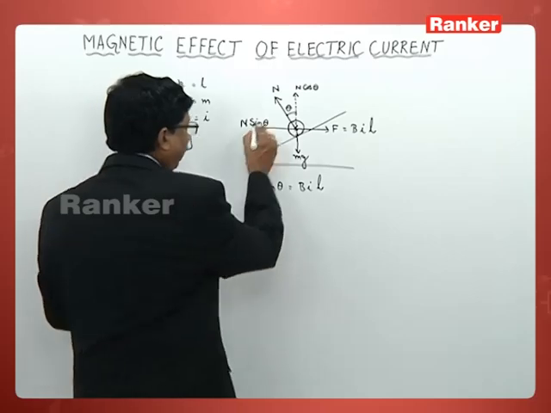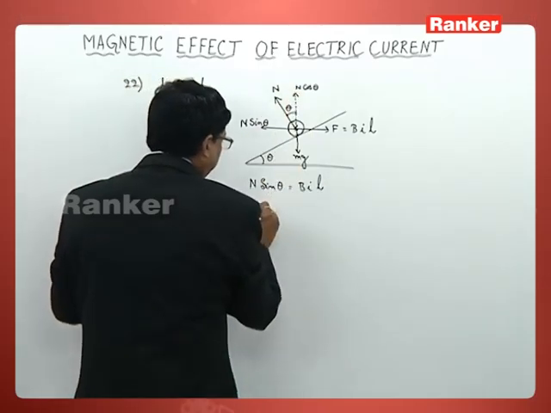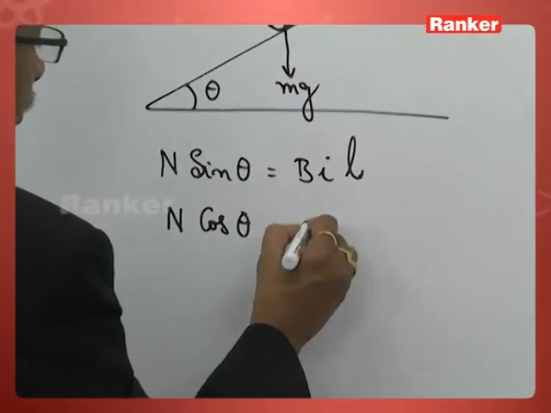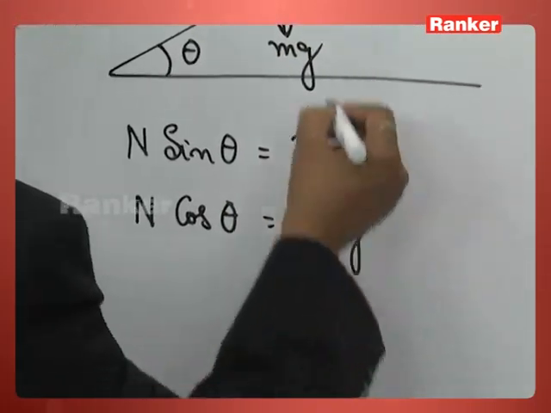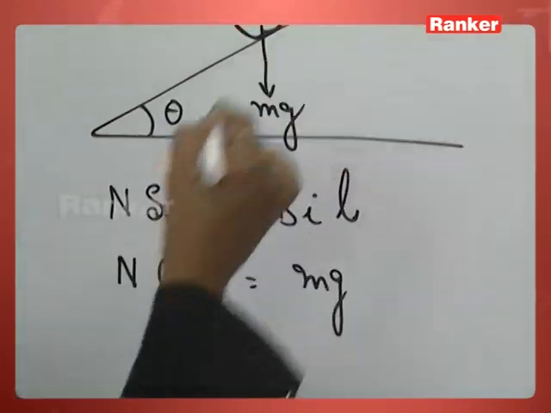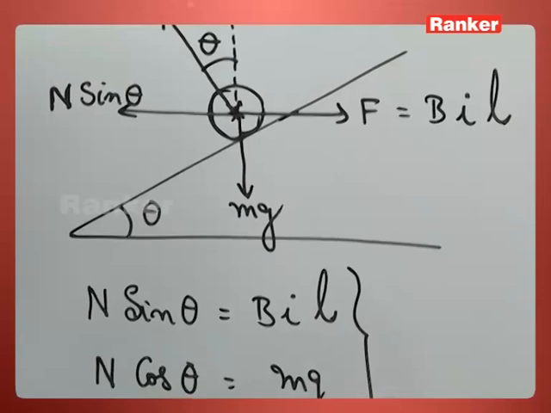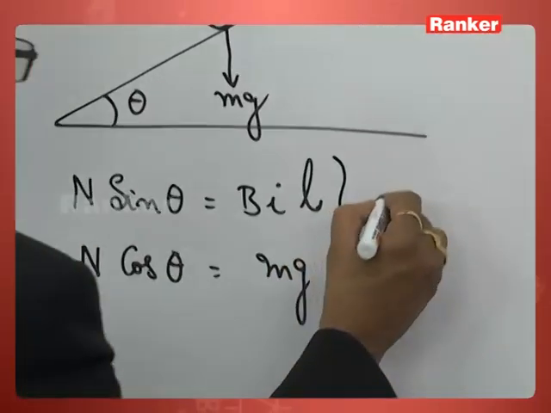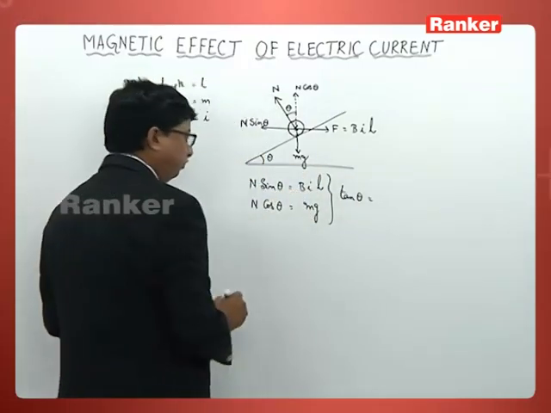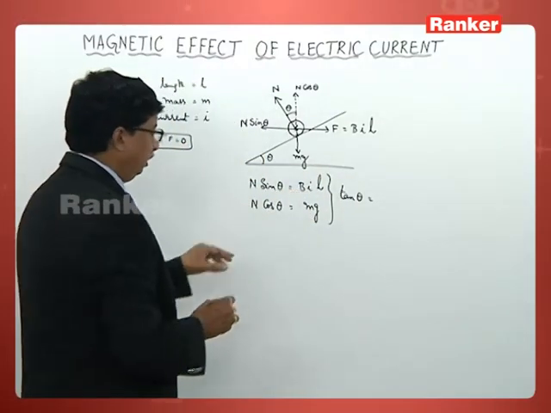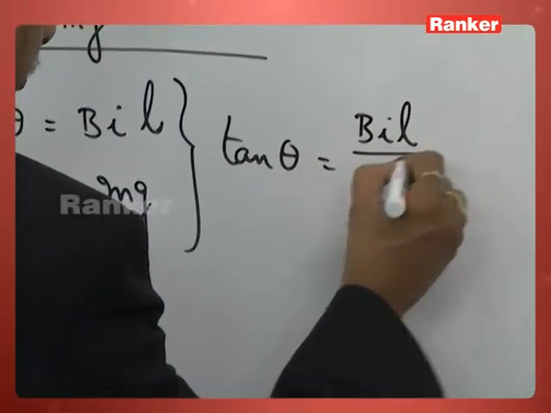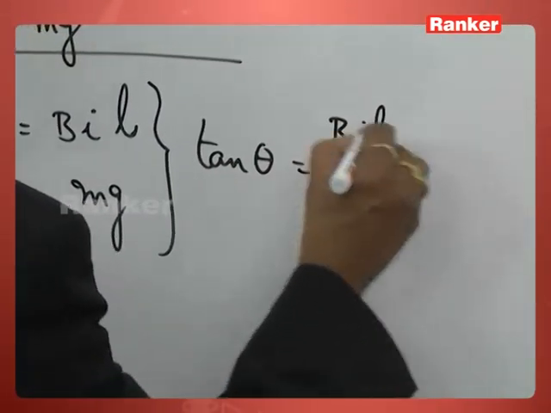Now, the second equation I can write is N cos theta, which must be equal to mg. These two are supposed to be equal and opposite. Overall, if you divide the first equation by the second, then tan theta will be BIL divided by mg.